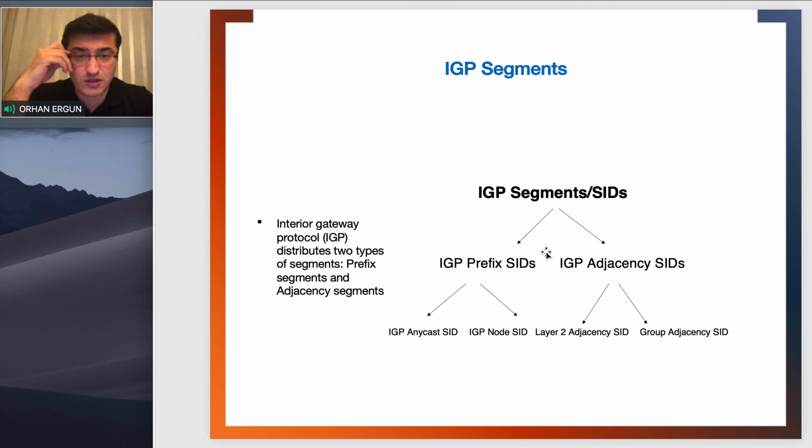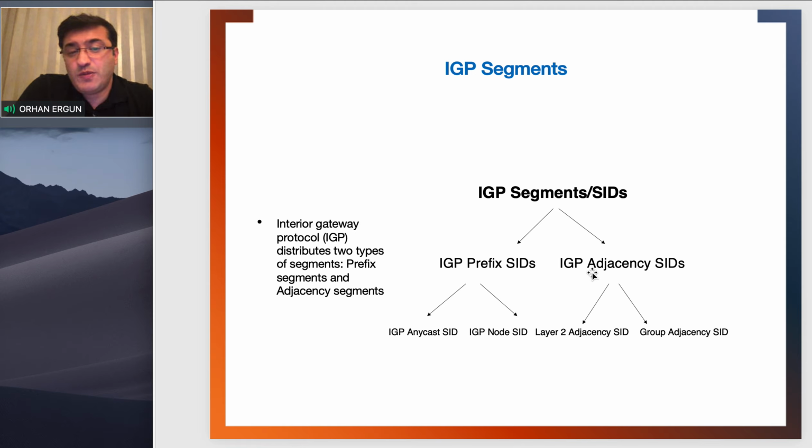Now, as you can see from this picture, for IGP segments, we will be discussing IGP prefix segments and IGP adjacency segments. And IGP prefix segments are basically IGP anycast or IGP node segments. Segment SID, we are using interchangeably.